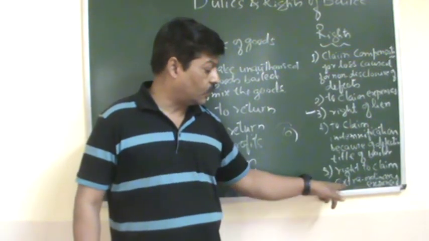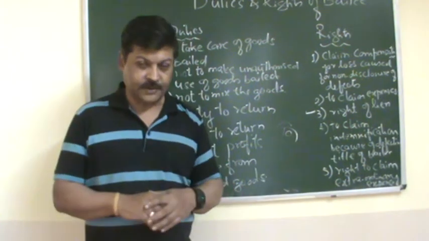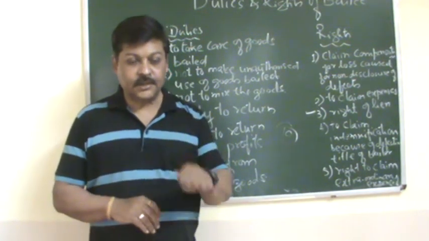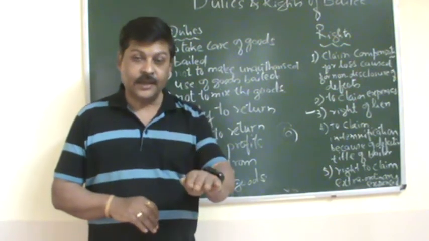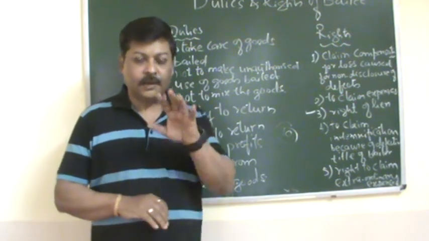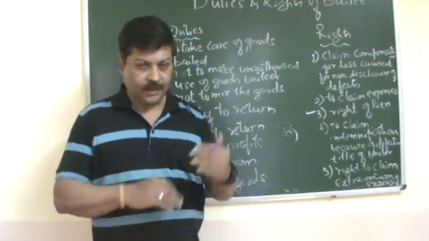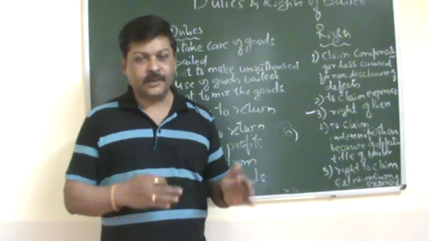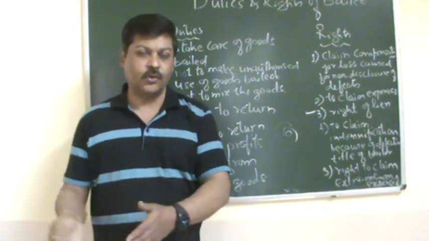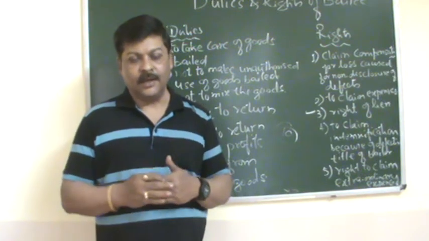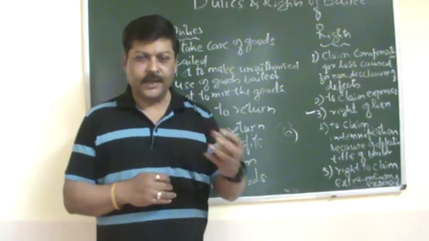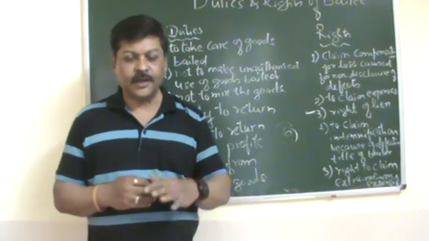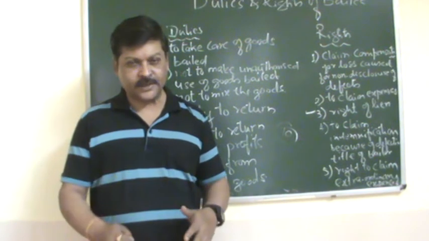The last one, right to claim extraordinary expenses. If there are any extraordinary expenses in preserving, conserving, protecting the goods, those can also be claimed. For example, A and B are neighbors. A, while going abroad for a month, has given his pet dog to B for looking after the pet, and has given a certain amount for the expenses, mainly the food of the dog, and B has accepted it.